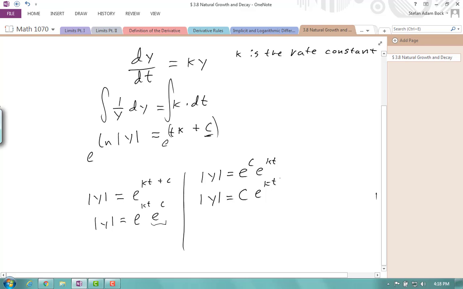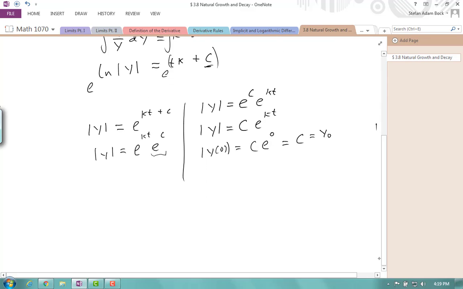So if I take this problem and try to plug in t equal to 0, I'll have y of 0 equals c times e to the power of 0, which is equal to c. And I'll write this as y sub 0. So if I rewrite my formula, I get the absolute value of y equals the absolute value of y sub 0 times e to the kt.